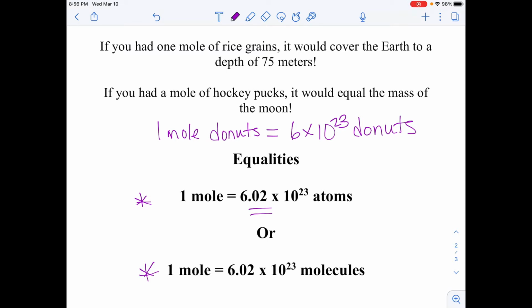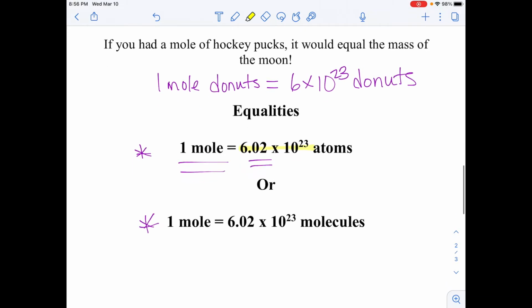Some people just round it to 6, and that is fine with us. Okay, so we could say a mole is 6 times 10 to the 23rd of anything. So a mole of atoms would be 6 times 10 to the 23rd atoms. A mole of molecules would be 6 times 10 to the 23rd molecules.